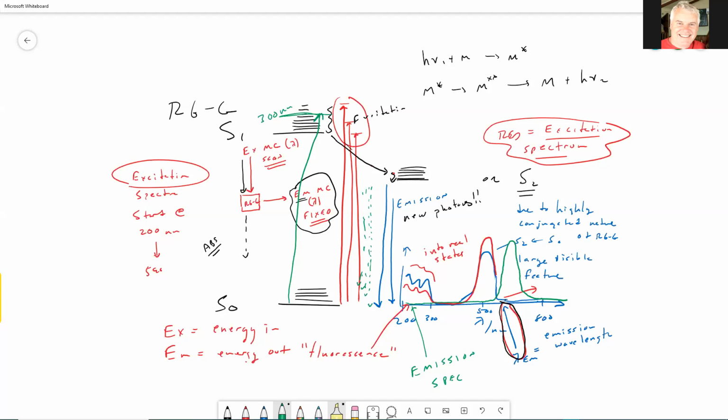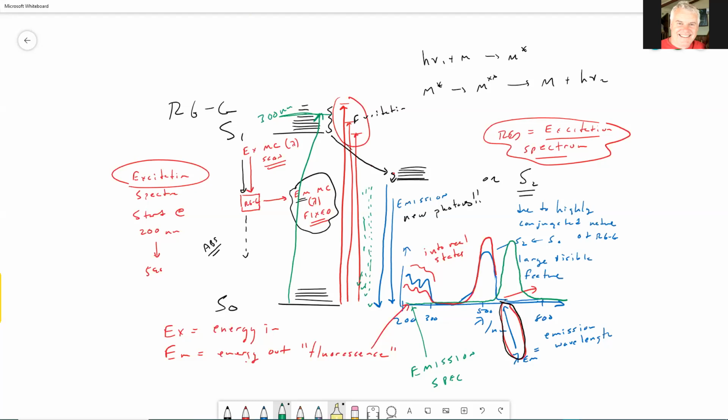But typically you're not really interested in either of those processes. What we're interested in seeing are the processes that happen at slightly longer wavelengths, right?